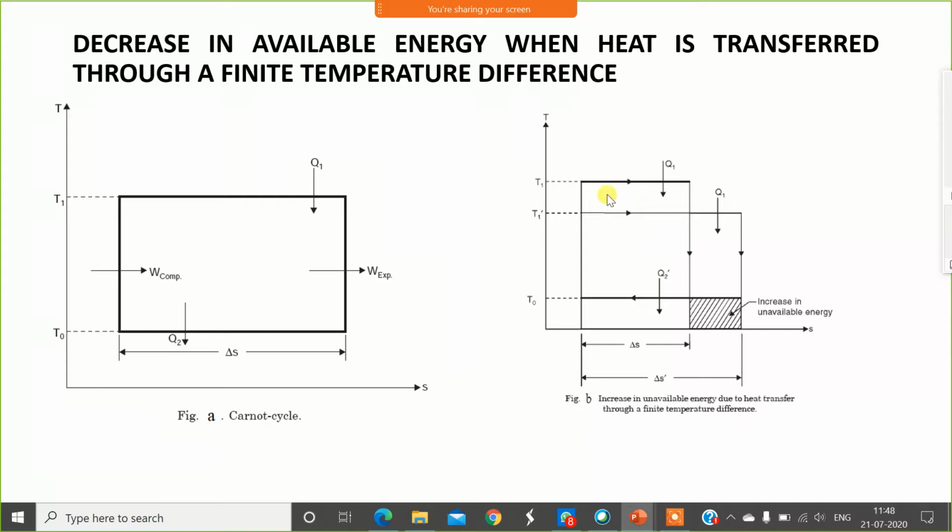For the same amount of heat transfer, the product of temperature and change in entropy must be the same.